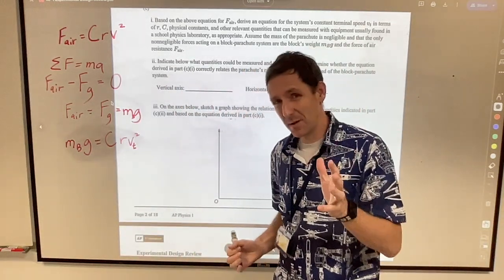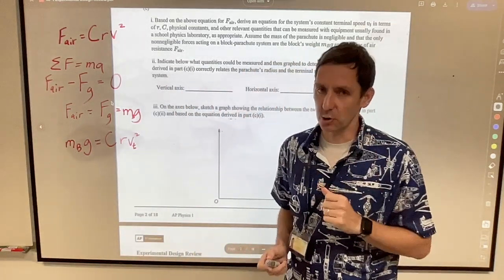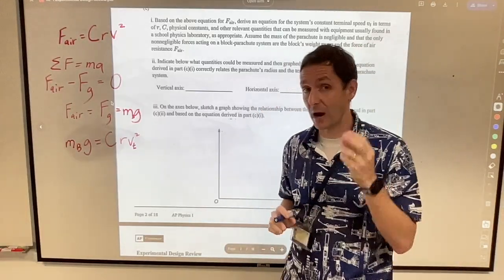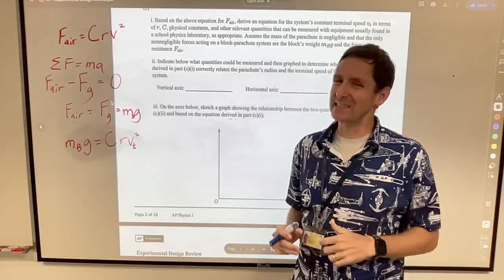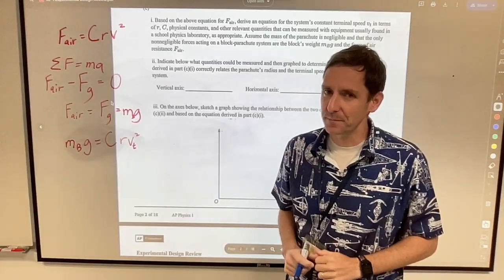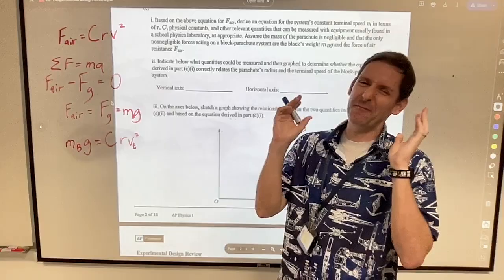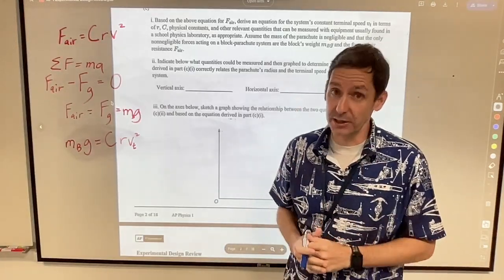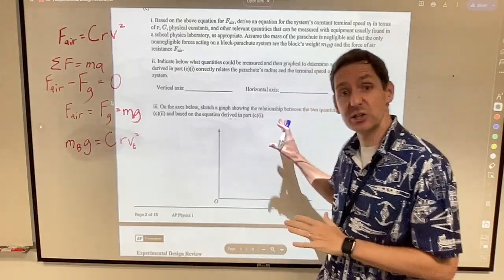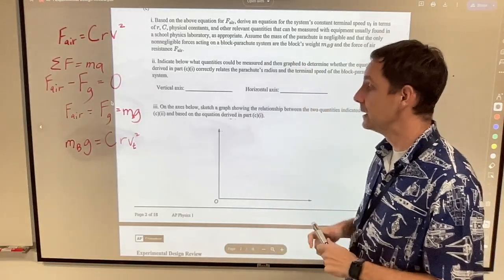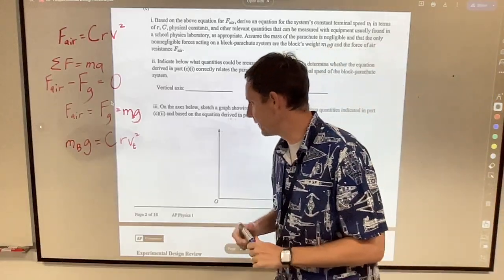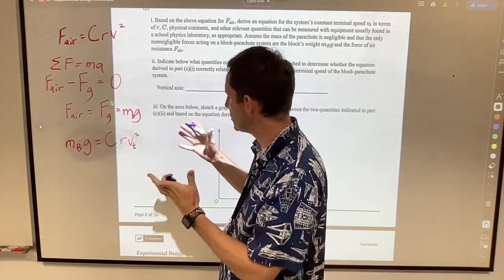Most of the time, we want a linear graph. I know it doesn't say linear graph here, but I'm going to go ahead and do a linear graph anyway, because that's what's going to help you in the future. I would say 4 out of 5, 9 out of 10 times, they ask you for a linear graph. In this question, sure, you could. So I guess here, if we wanted to do that, we're going to.